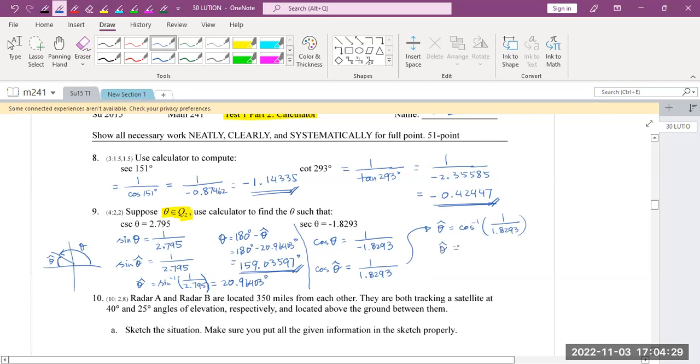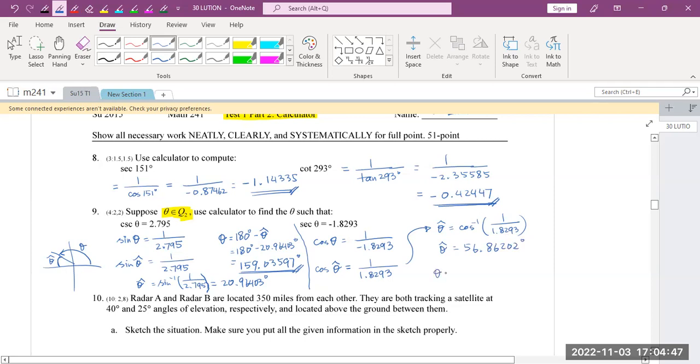What's that? I get this is 56.86202 degrees. Now, don't forget, this is still theta hat in quadrant 2.